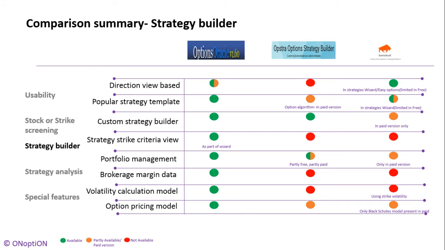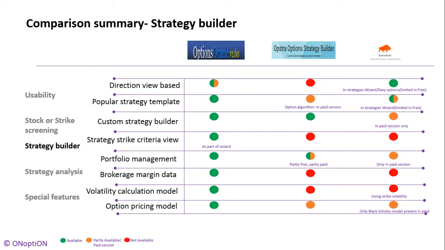Strategy strike criteria is nothing but, if you choose a strategy, how the strikes are placed or positioned based on the strategy. That is available as part of the wizard feature in OptionsOracle. It is completely missing in Opstra, and Sensibull also doesn't have that. Portfolio management is available in OptionsOracle. You can build your portfolio and see it.